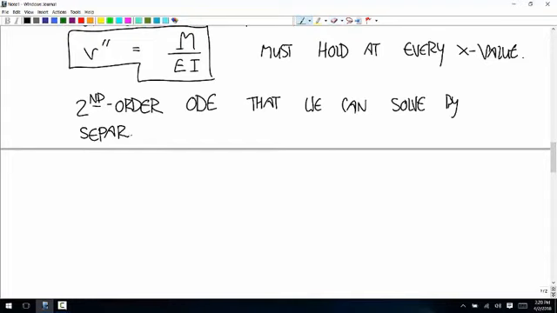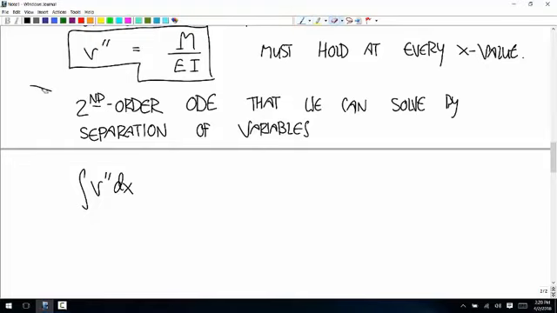Separation of variables. Or it's simple enough that you can just think about it as integrating twice. So if you integrate v double prime dx, that has to be equal to the integral of M, I guess we can pull the constants out, divided by EI dx.